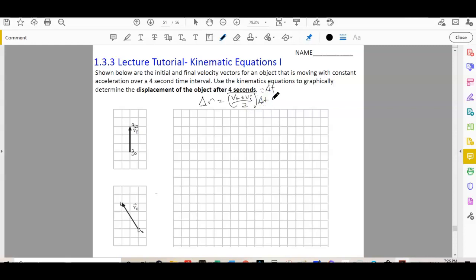Okay, so in this case, delta t is going to be over the period of 4 seconds. So v final plus v initial divided by 2, and delta t is going to be 4 seconds.